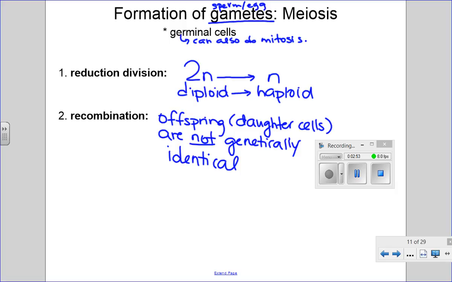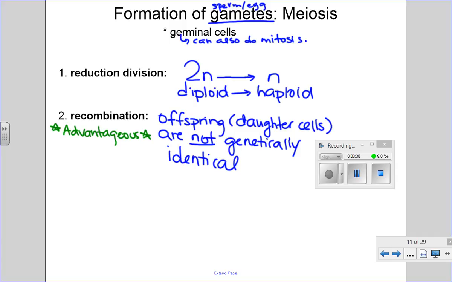And one thing that I like to mention here, and it's because it will come back in other units, is that very frequently this principle of recombination is something that is considered advantageous. So not that it's not good to be able to make a copy of a cell, but if we talk about evolution and populations and generally what's happening out in the world, it's usually fairly advantageous for every member of a population to not be genetically identical to one another.